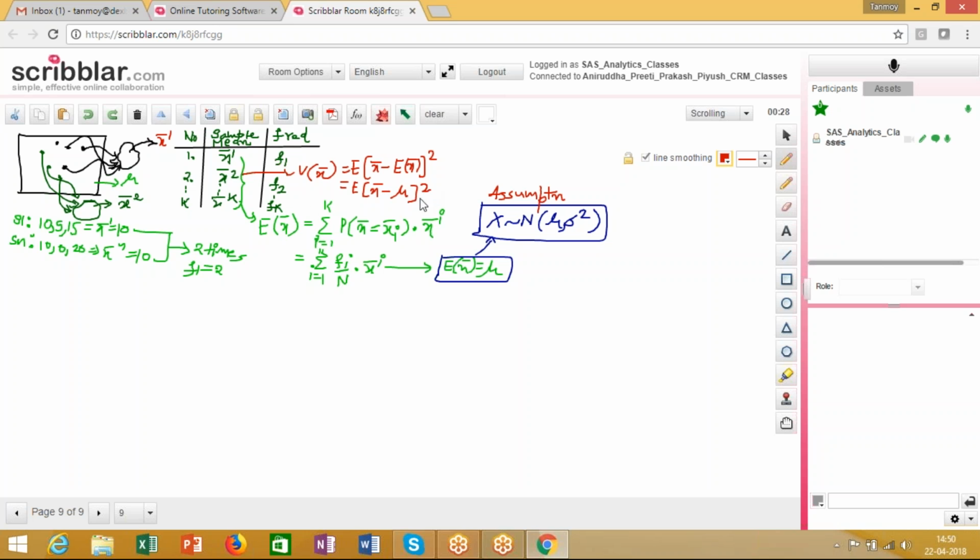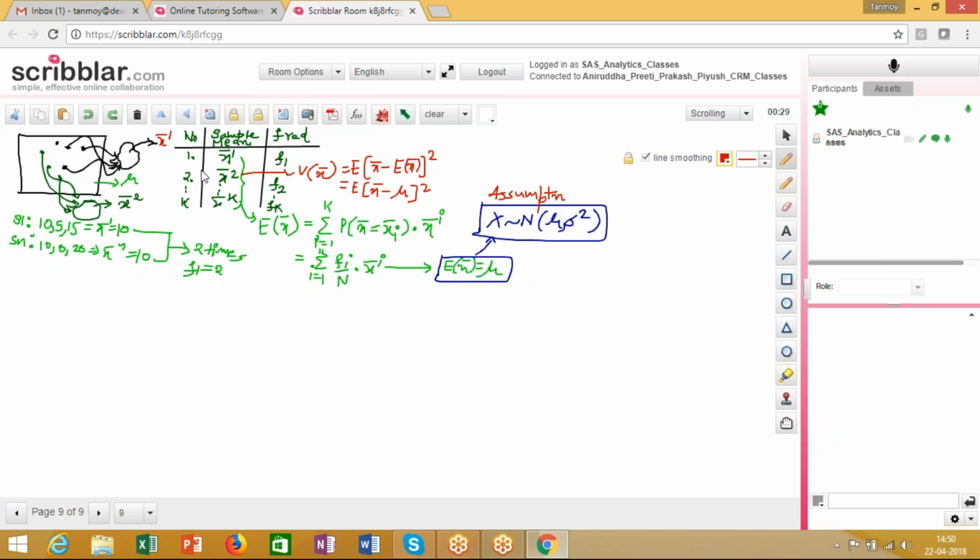So basically all the X bars are not exactly equal to mu, or the average value of the X bar distribution.